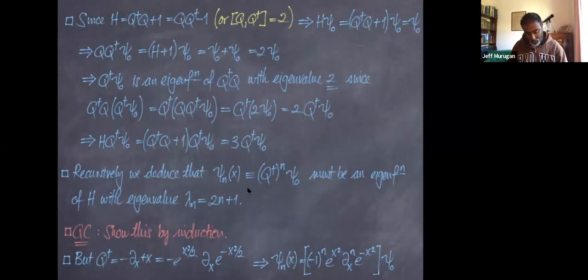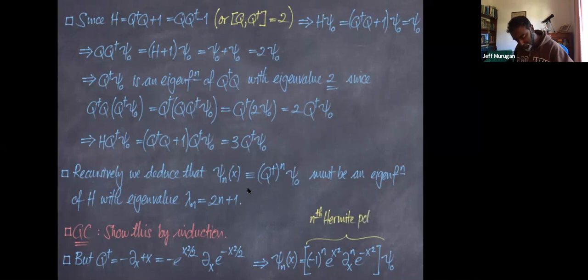And this thing here is precisely what you would normally call the nth Hermite polynomial, denoted by Hn of x.